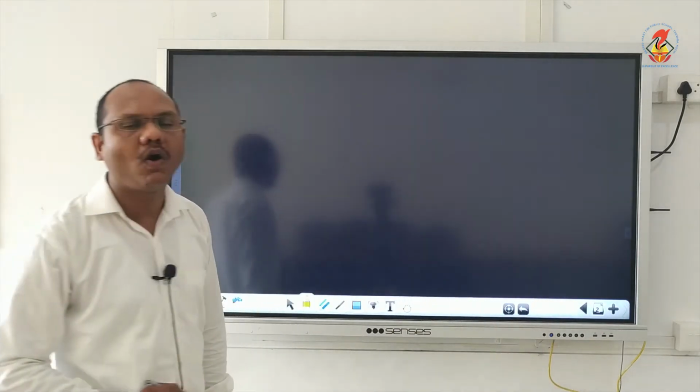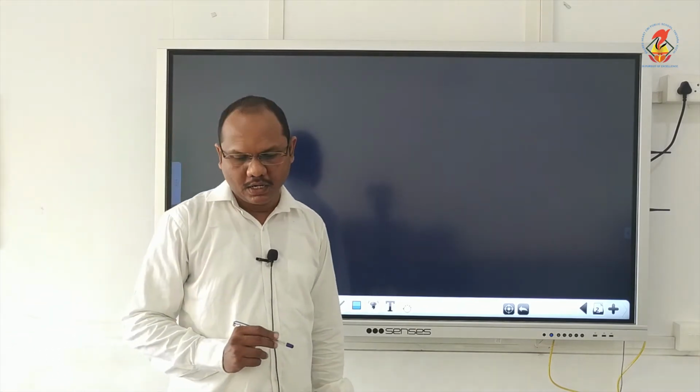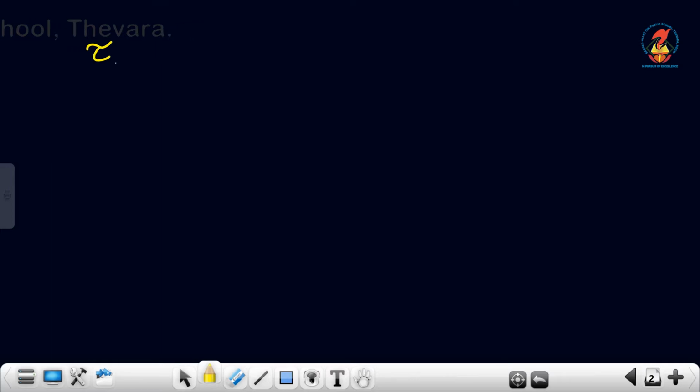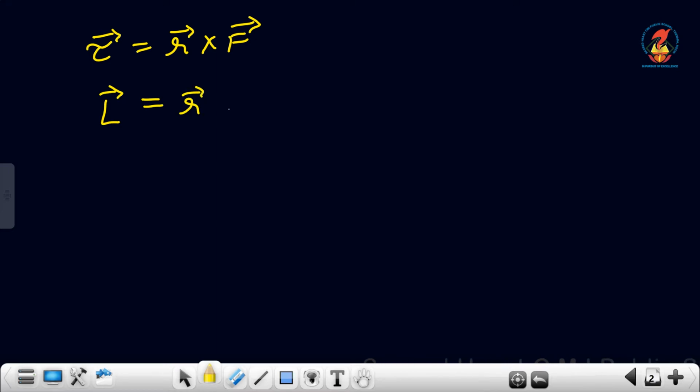We have already studied tau is equal to r cross F, and angular momentum L is equal to r cross p, perpendicular distance into linear momentum. L is equal to r cross p.